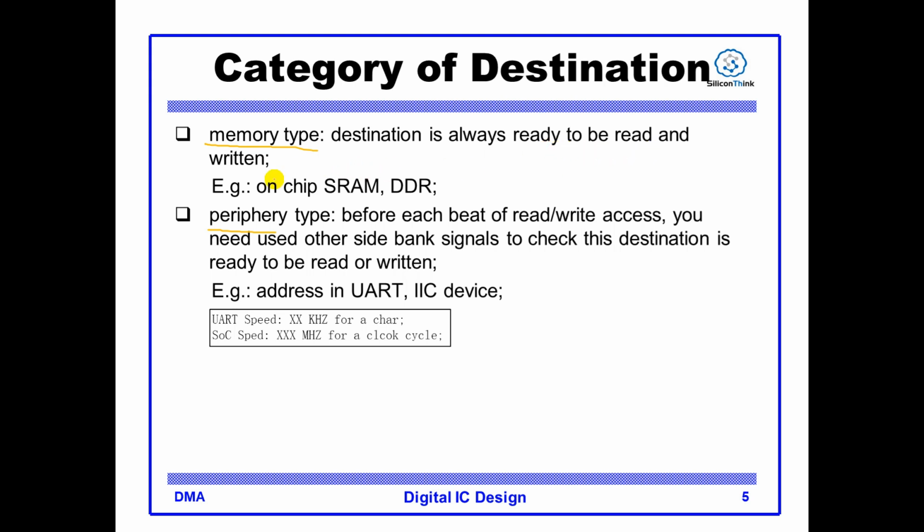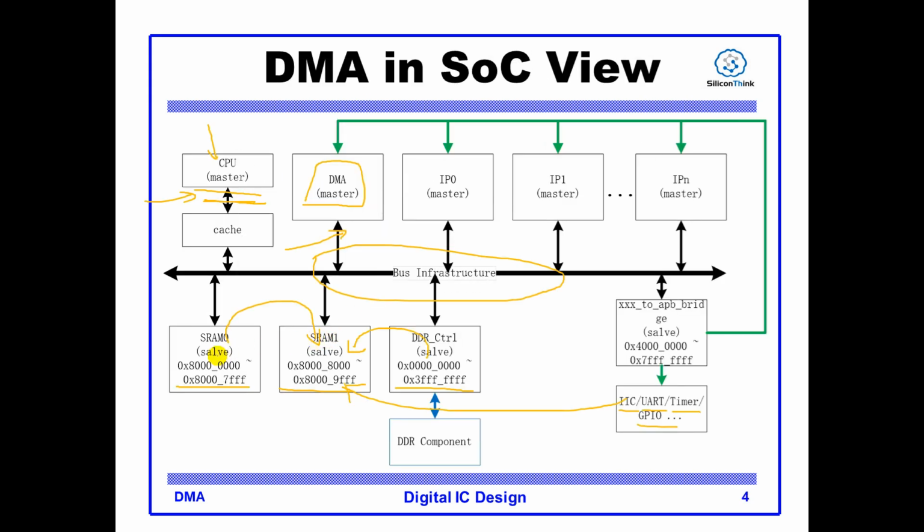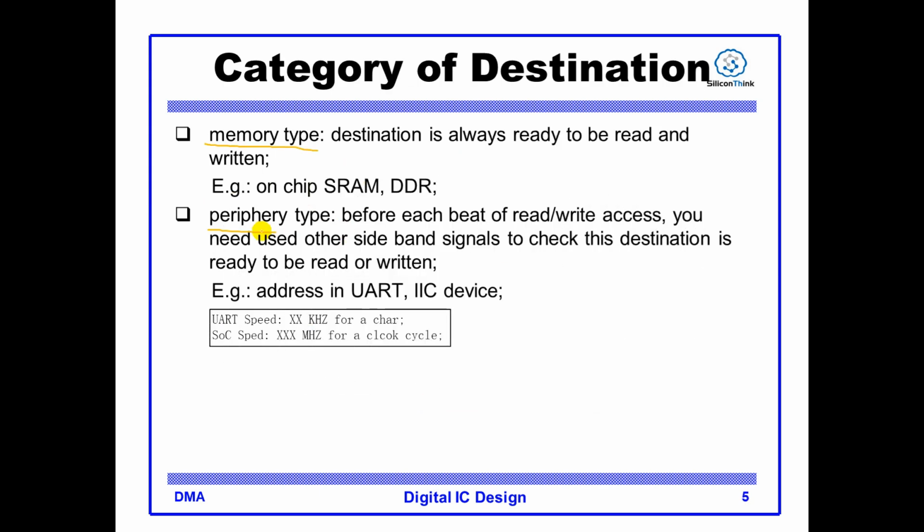For example, you can read and write this location at any time. For example, the SRAM, the DDR controller. And for peripheral type, before each bit of read-write access, you may need to use other sideband signals to check whether the destination is ready to be read or written.